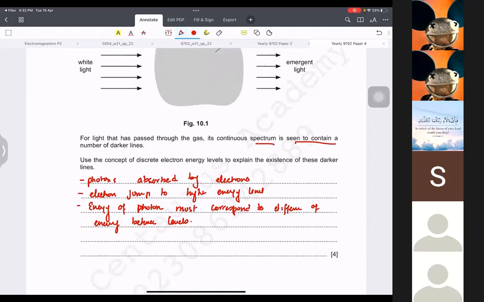And fourth, when electrons de-excite, they release photons in all directions. Is it clear? That should be written actually.